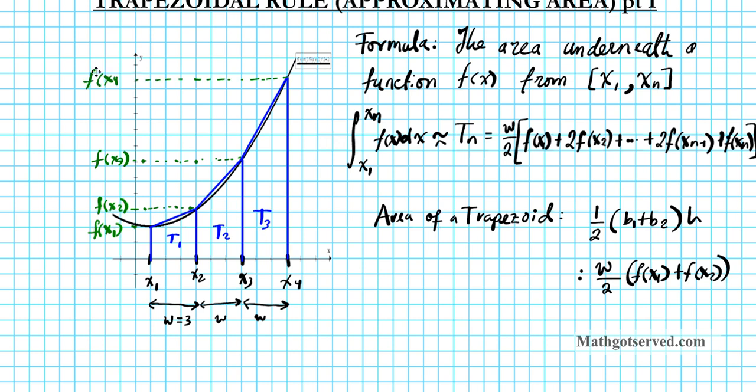So these are the bases, but since our trapezoid in this case is standing on its side, our bases are kind of like the heights, and our height for the formula is kind of like the width. So this is base 1, base 2, height. In this case, we're using f of x1, f of x2, width, f of x2, f of x3, width.